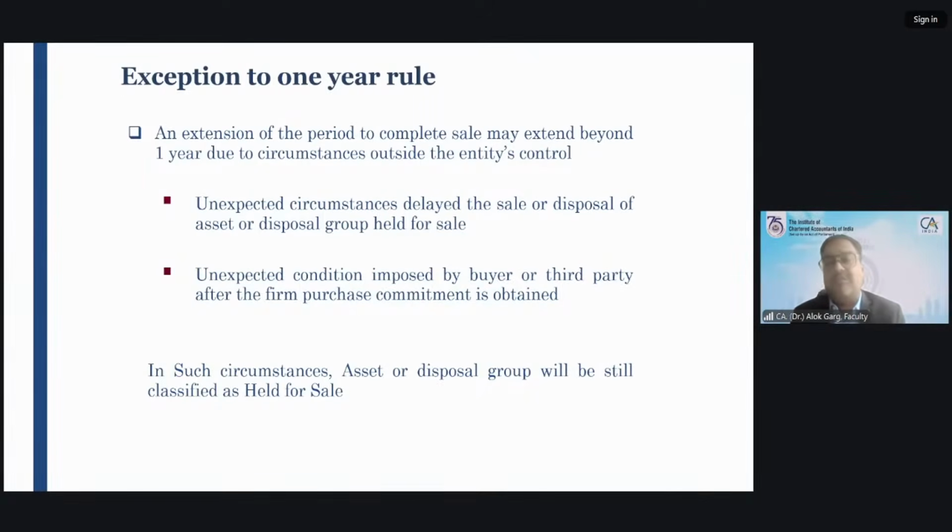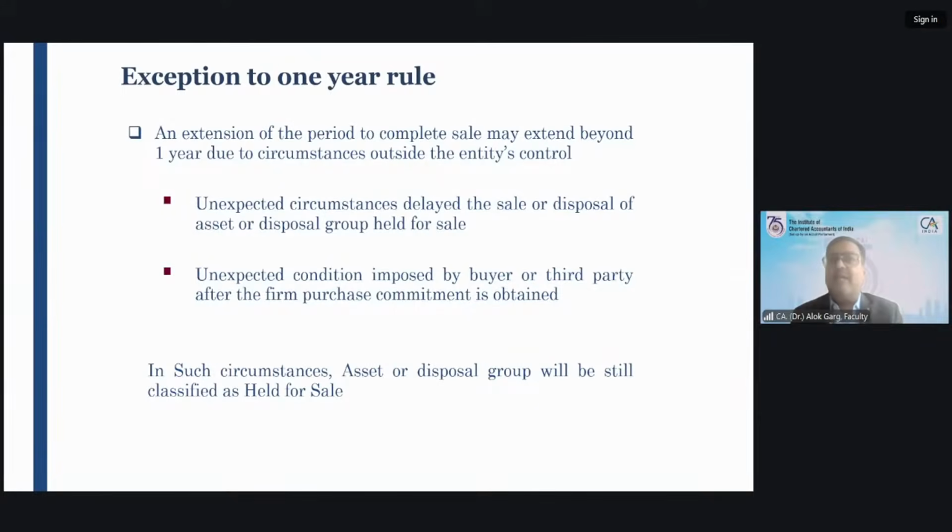Number two, unexpected conditions imposed by the buyer or a third party after the firm purchase commitment is obtained. What does it mean? It is not due to natural calamity or some other stuff. Firm purchase commitment obtained means the binding agreement has been signed.